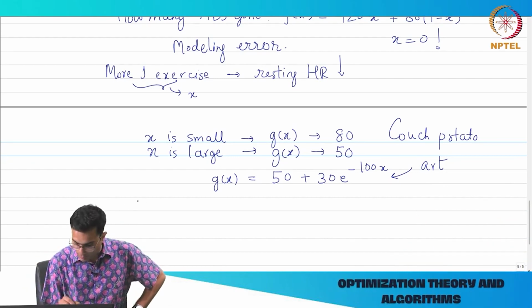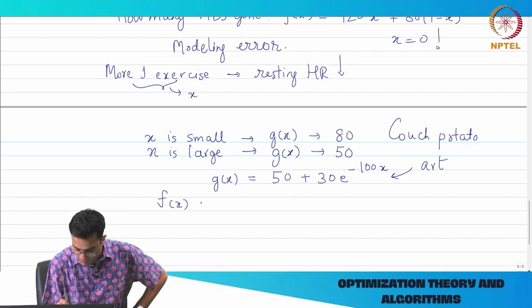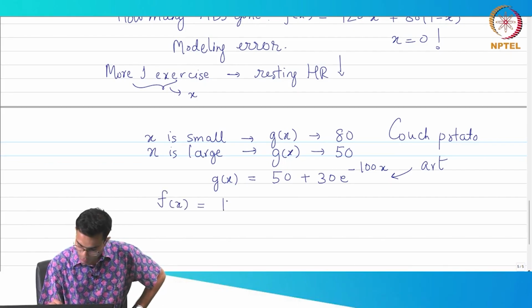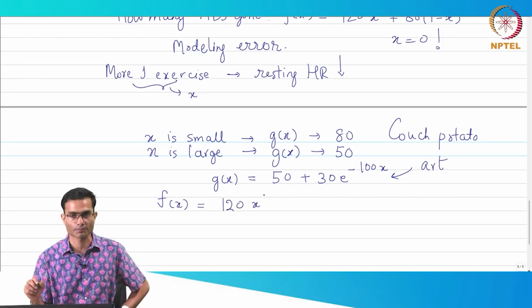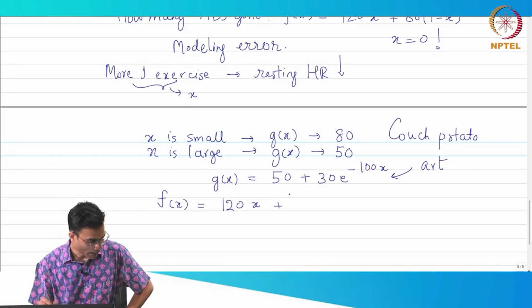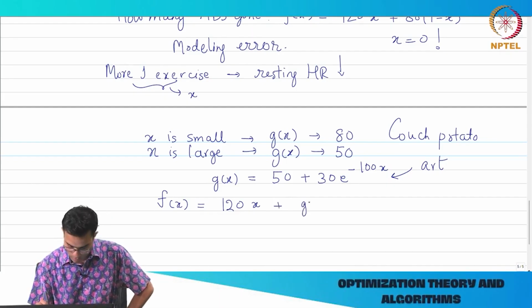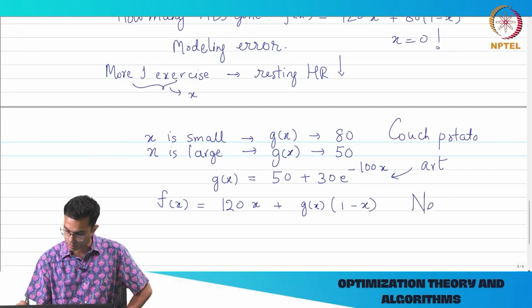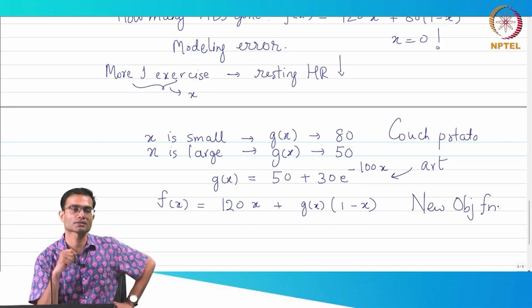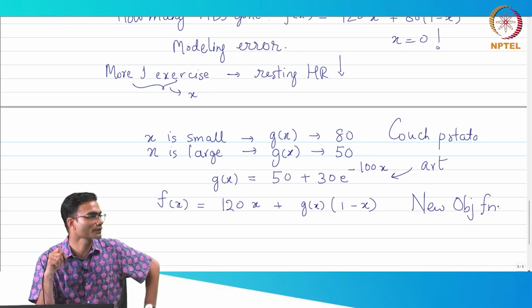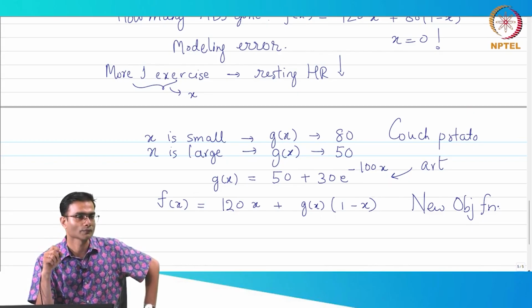And now with this, what is my objective function? F of x is going to be, when I am exercising, I am still taking it as 120 beats per minute. Would you agree that this is the correct new objective function, right?